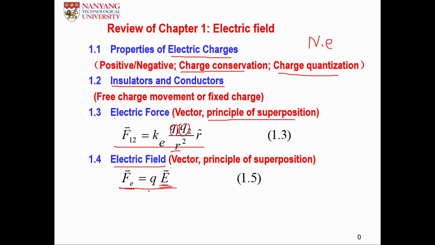That's why you have this additional factor in order to convert from E to F or from F to E. Right? And similarly, if you have multiple charges, you apply the principle of superposition to find the total E field due to multiple charges Q.